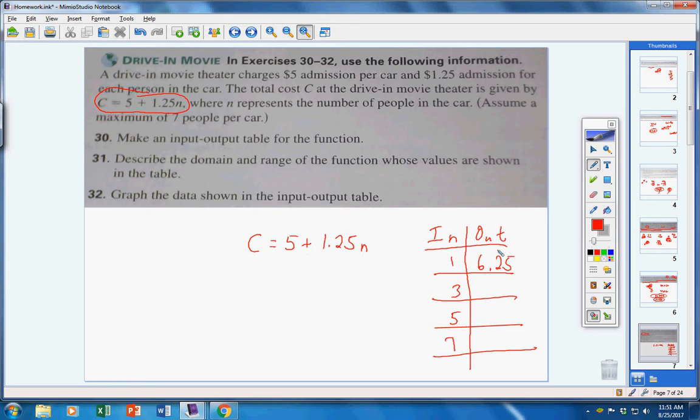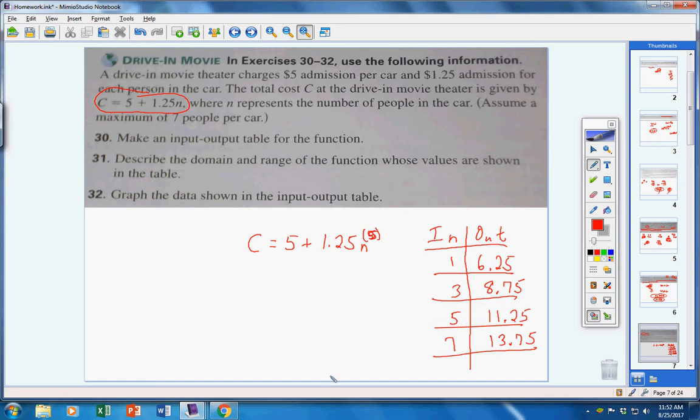Now if I'm going to put 3 in for n, that's $1.25 times 3, plus 5, I will get 8.75. If I put a 5 in for n, I'm going to get 11.25. If I put a 7 in for n, I'm going to get 13.75. You can do that math on your own, okay?